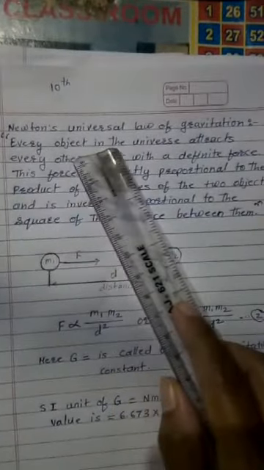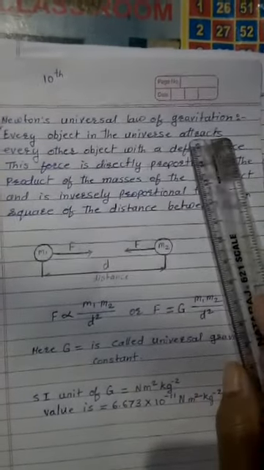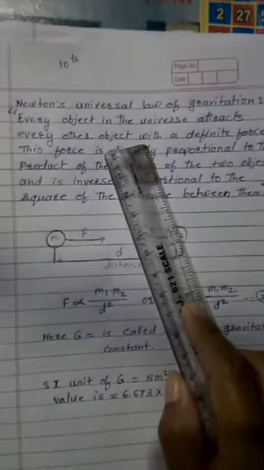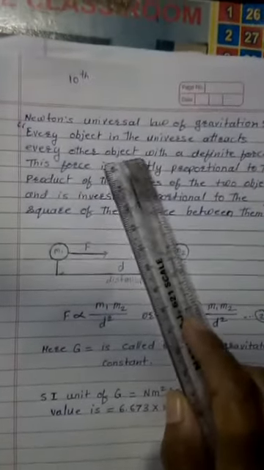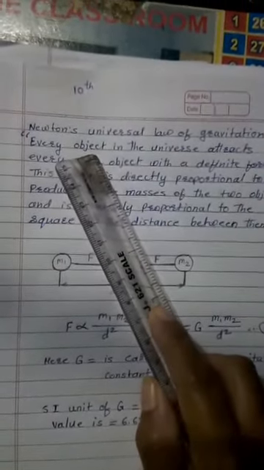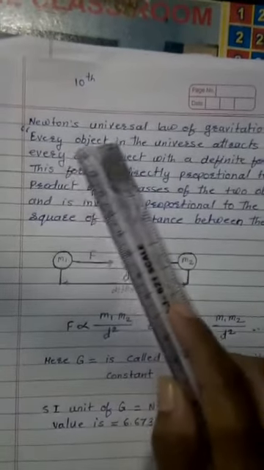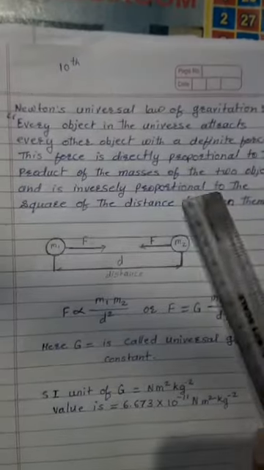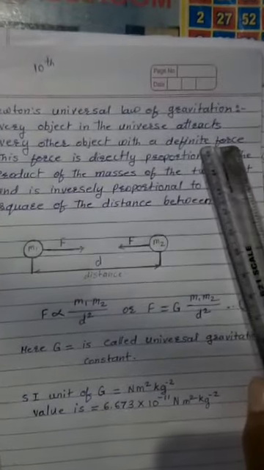So, Newton's universal law of gravitation states that every object in the universe attracts every other object. Here, they have given that any object in the universe attracts every other object with a definite force.